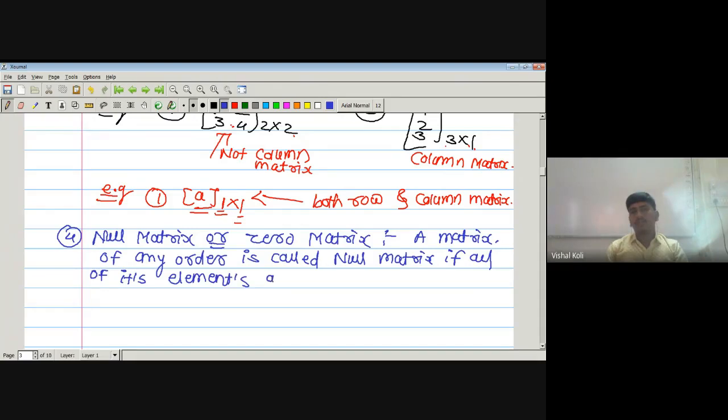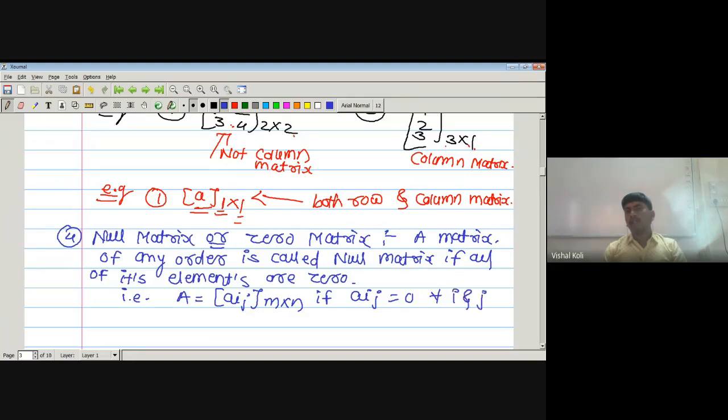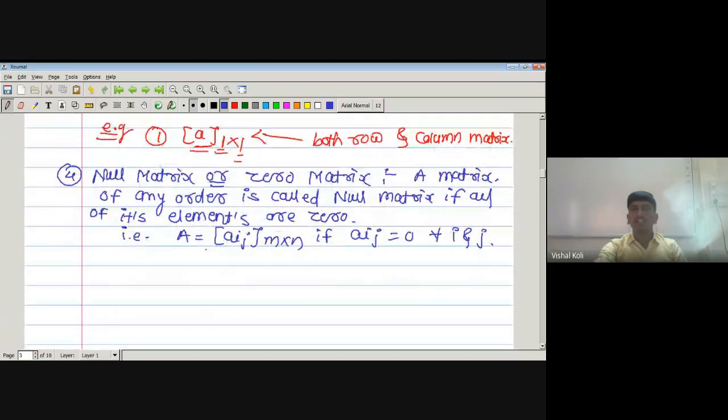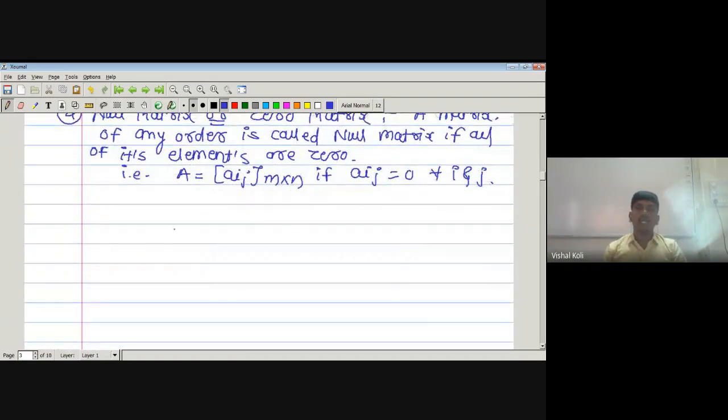That is, A equal to Aij of order m by n is a null matrix if Aij equal to 0 for all i and j. Then we say that the corresponding matrix will be a null matrix, that is a zero matrix, that is, all of its entries are zero.